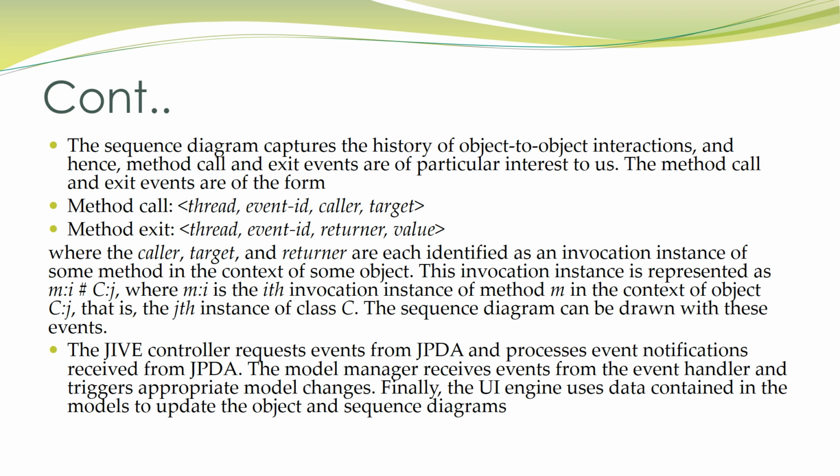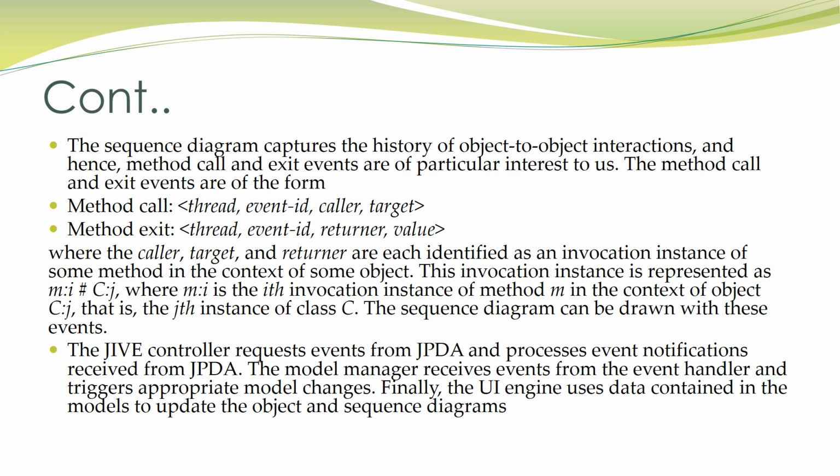Here the thread, event ID, and caller are identifiers of an invocation instance of some method in the context of some object. Let's see an example. An invocation instance is represented as mi hashtag cj, where mi is the ith invocation instance of the method, and cj is the jth class.